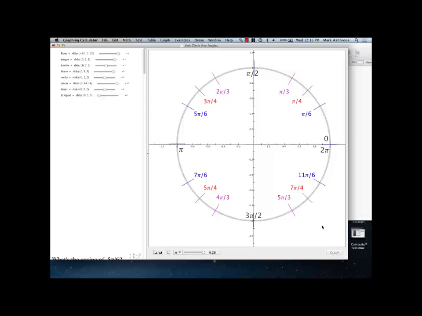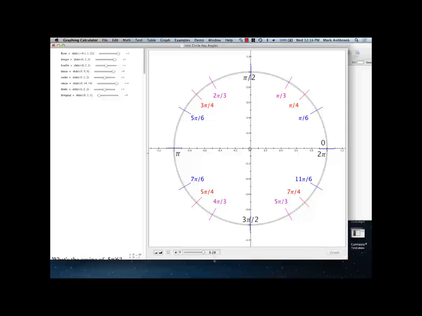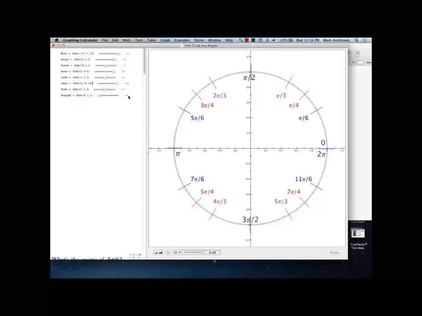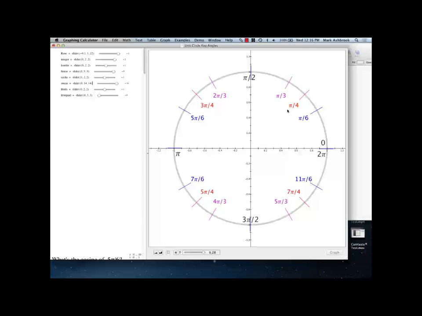Okay. So let's see here. Then from there, we wanted to get the sines and cosines of these. So we looked up in the first quadrant, and we first worked on pi over 6. You can watch it again, but the cosine and sine of pi over 6 is radical 3 over 2 and 1/2.